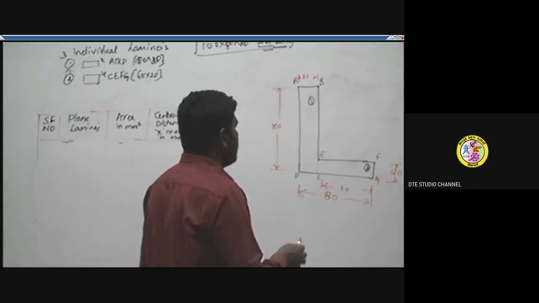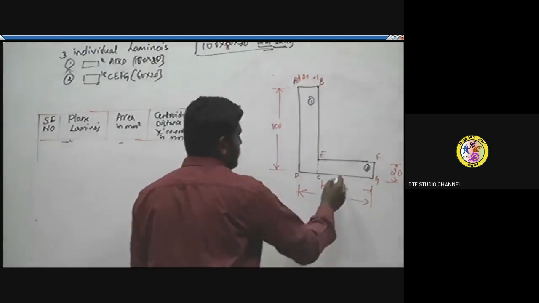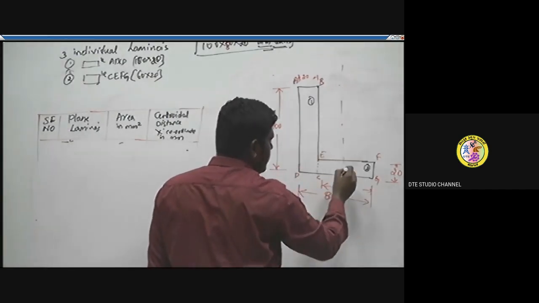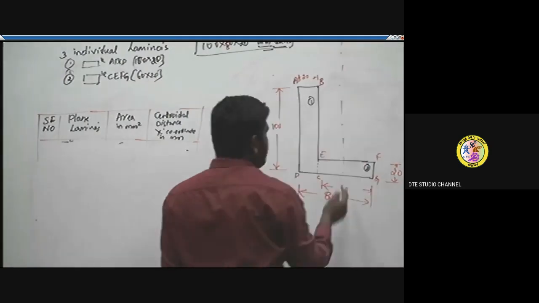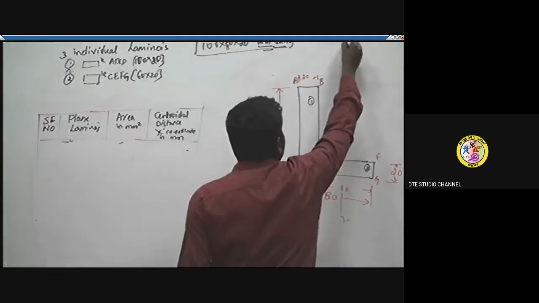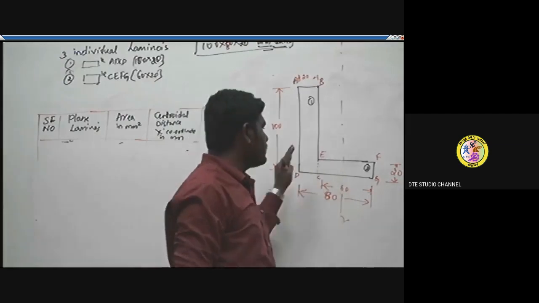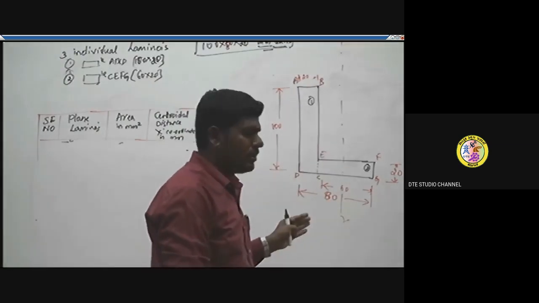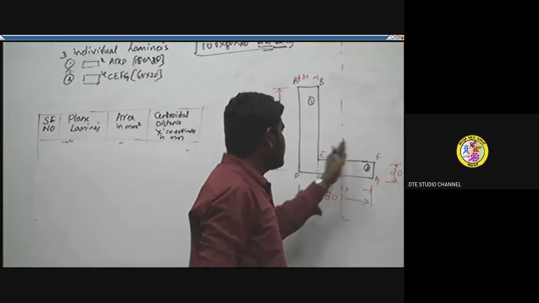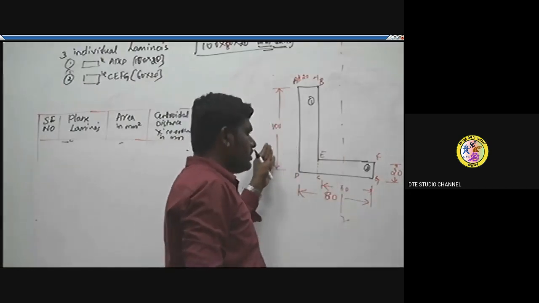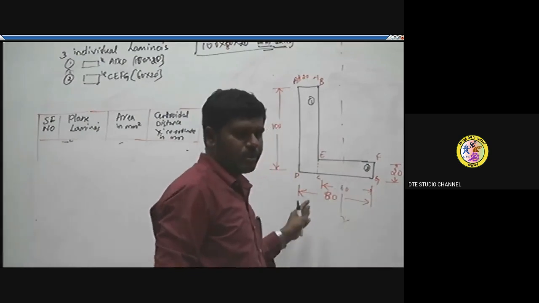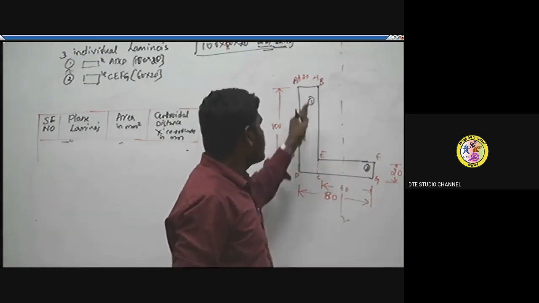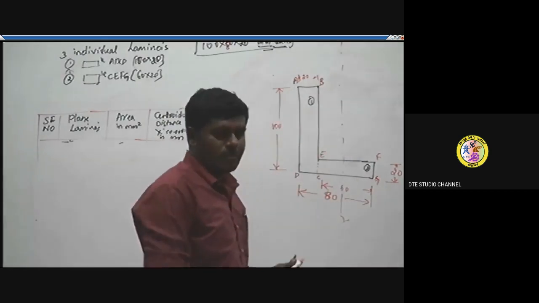That is, if we divide this 80 by 2, exactly at 40 mm distance, as you observe, is this axis, say y1, dividing the whole area into equal parts? Is the area on one side equal to the area on the other? No. It is not looking like a mirror image. That's why the given L section is not symmetrical about the y axis.